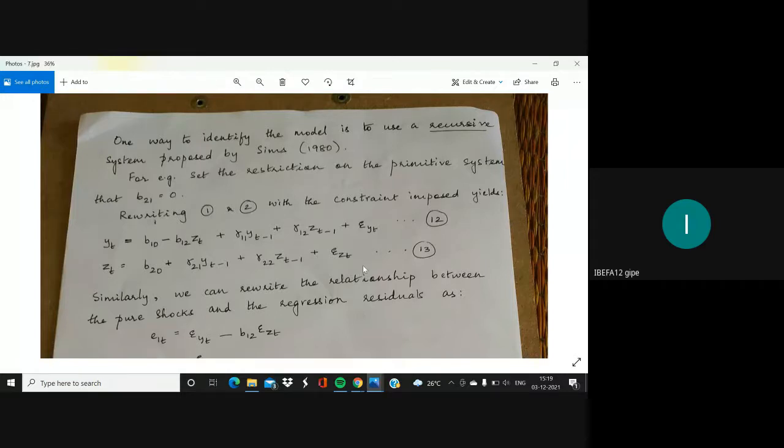You're absolutely right, but I want you to state it slightly differently. The contemporaneous effect, the term we used, is no more there. Okay, so here if you look at equation 13 now, yt does not have a contemporaneous effect on zt anymore. It is only zt that has a contemporaneous effect on yt. So this is the difference that we have created by setting this restriction b21. I hope this is clear to all of you.